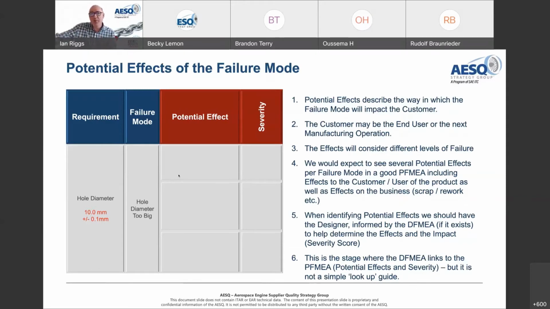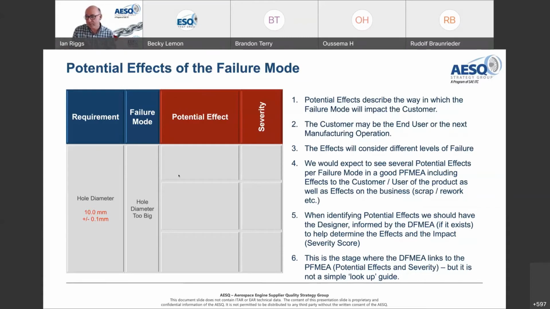So we should be looking at the end user and how this hole diameter being too big could affect them, our customer, Airbus or Boeing, but also a subsequent manufacturing operation we should also consider to be treated like a customer. So this is where we will now start looking at different levels of failure mode and the potential impact that could have.